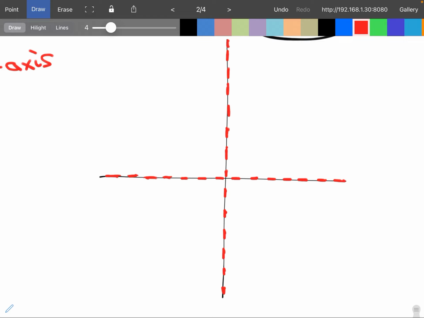And then we had, what was it, x equals 1? That was our only x-intercept, right? So at 1, we'll put 1 right here. So at 1, our only x-intercept was right there.